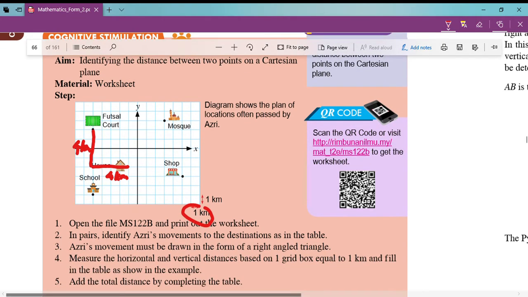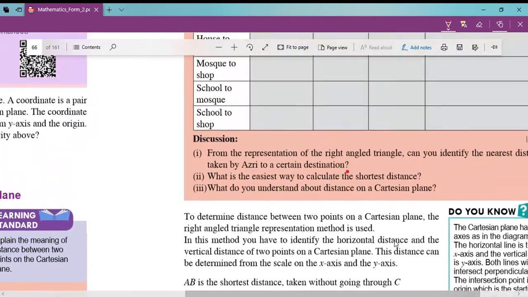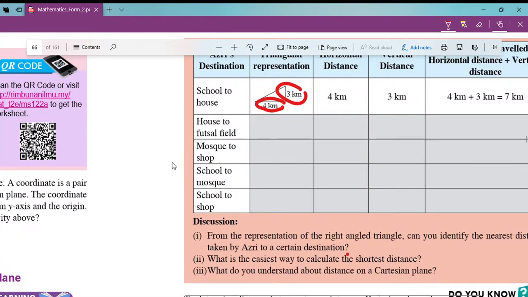To answer the questions here, first of all you have to draw the triangle, a right angle triangle. You have 4 km, please write it here. I'm sorry because the writing here is a bit big.